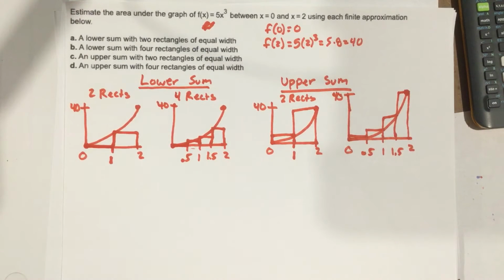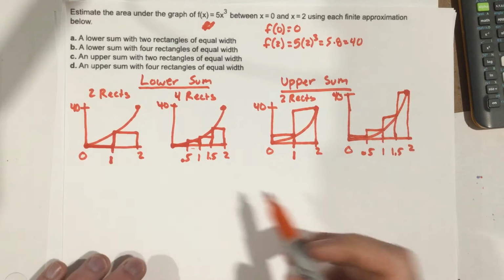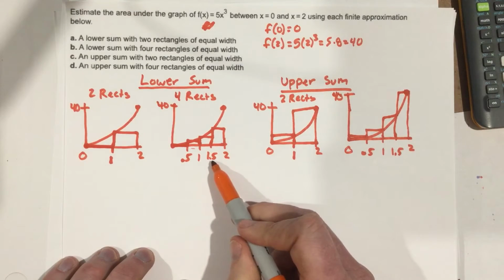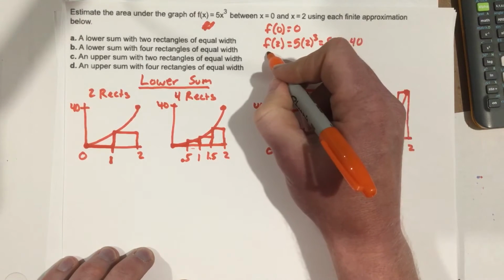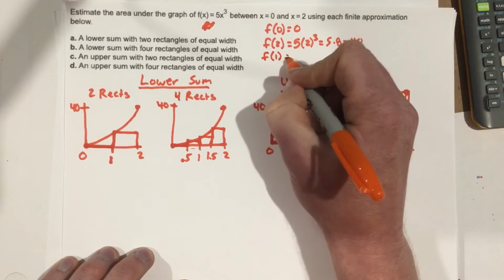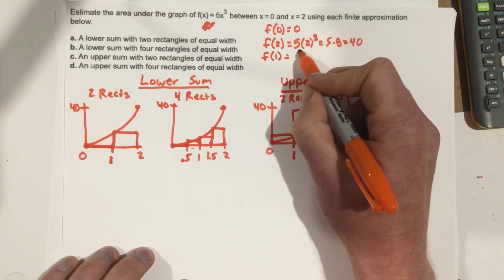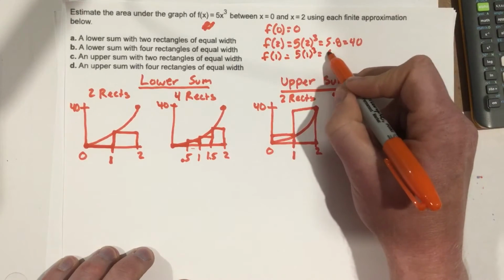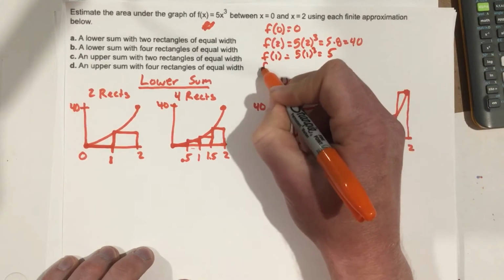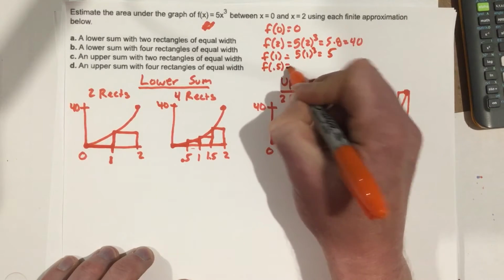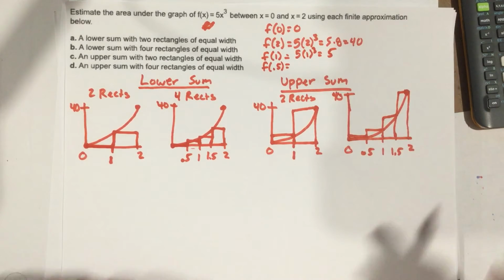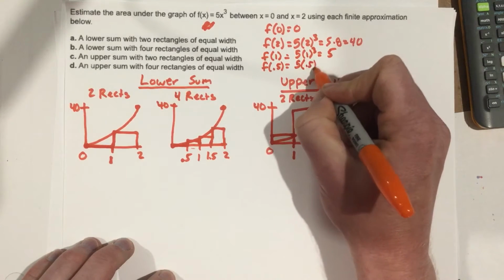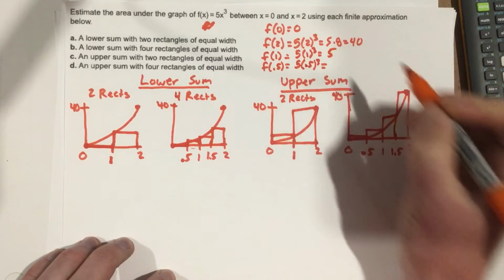So we need to go through and find the areas for each of these. To do this, we know that we're going to need to find f(1), f(0.5) and f(1.5). So f(1) is going to equal 5 times 1 cubed, so 1 cubed is 1, so that's 5. Okay, f(0.5) is 5 times 0.5 cubed.